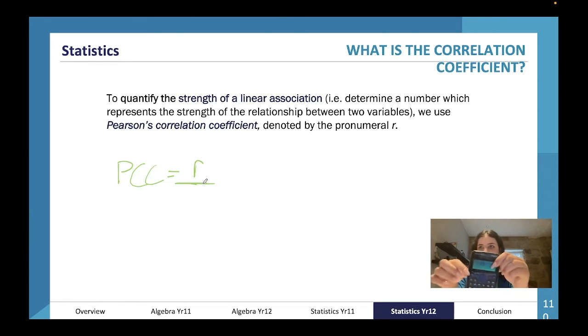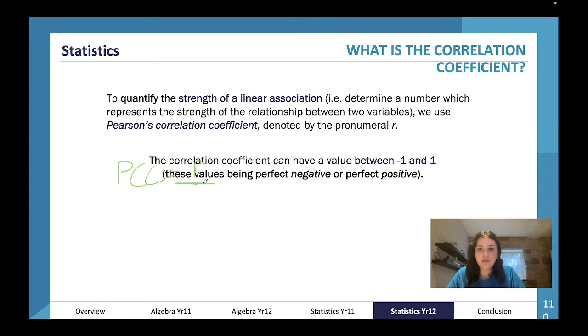In your calculator, when you go to a certain screen, it says 3R. R in your calculator is Pearson's correlation coefficient. So it's not just on your exam or on your paper. Your calculator, if you're using the correct one for the HSC, will have 3R for Pearson's correlation coefficient.